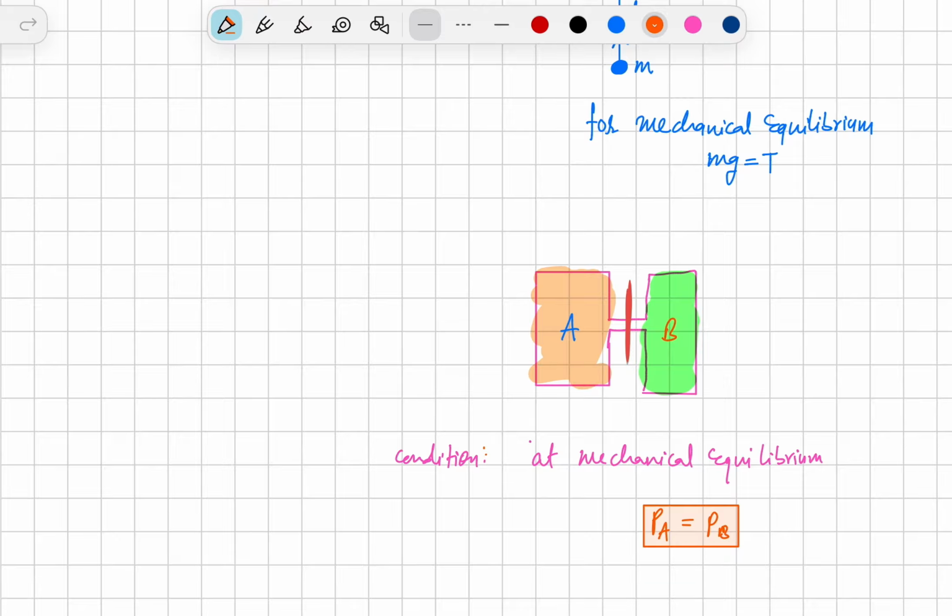I'm saying that equilibrium is a very general concept, and there is a criterion to decide whether a system is in equilibrium or not. So we have seen two examples. In one case it is a force, and in another case it is a pressure. Although pressure and force are not two different quantities, for mechanical equilibrium we just focus upon pressure.